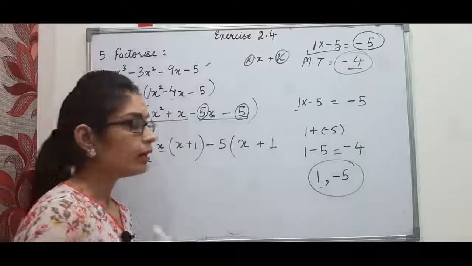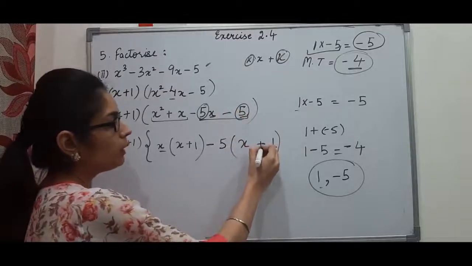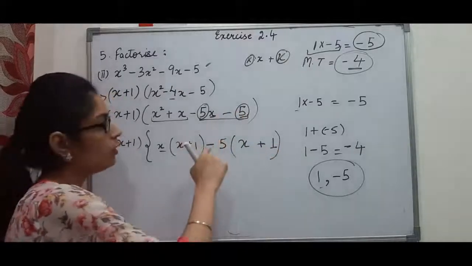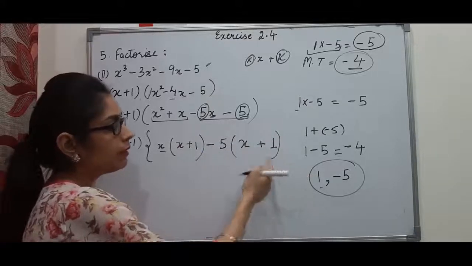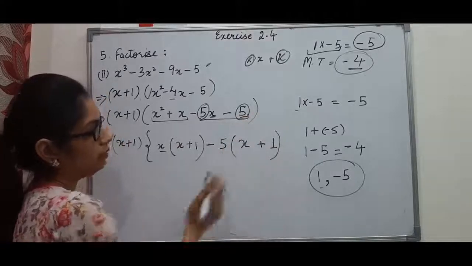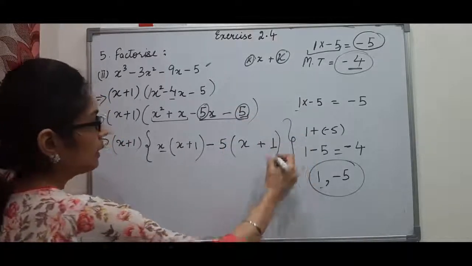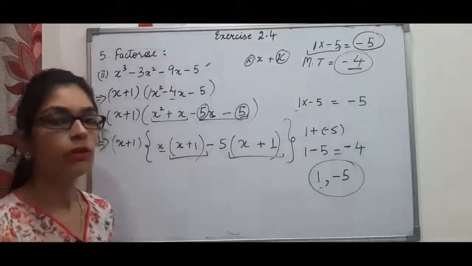If nothing is there, that means I have to write 1, and this minus sign you have to change to plus sign, because outside the bracket you have a minus sign. And you can check by multiplying the terms, you will get the same terms, minus 5x and minus 5.